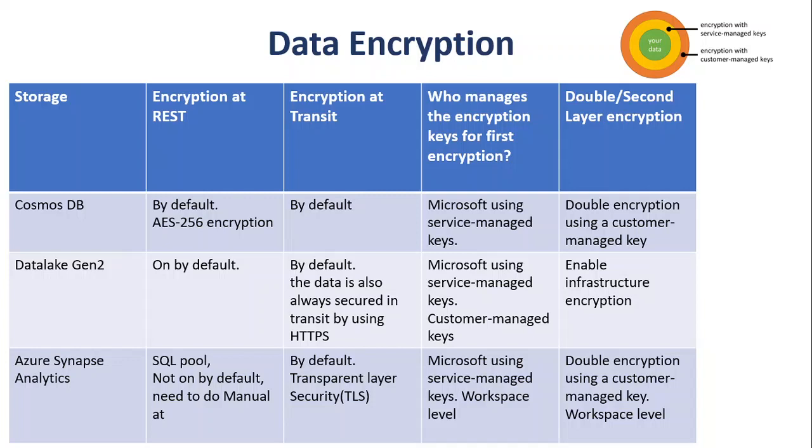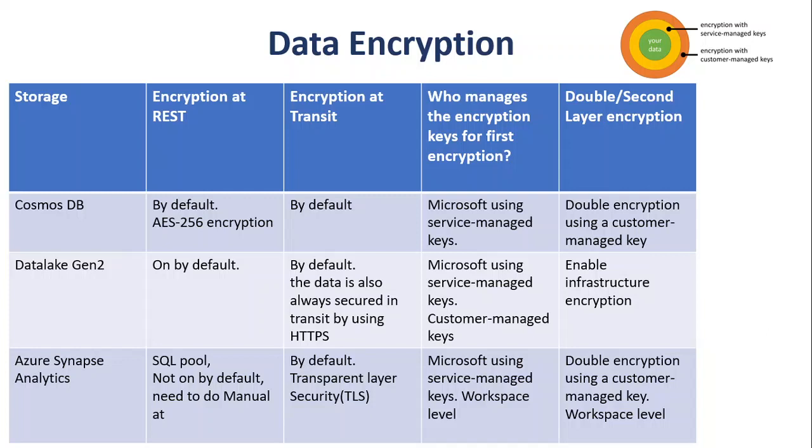Nowadays, to increase security, we can have a second layer of encryption in Cosmos DB using a customer managed key. As the name says, these keys are managed by the customer, whoever is creating the Cosmos DB.